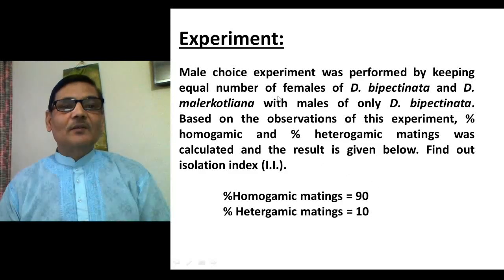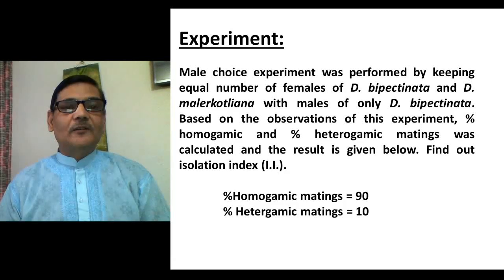So if this kind of experiment is performed, and you have this result, that is 90% homogamic mating and 10% heterogamic mating, how will you analyze this result?